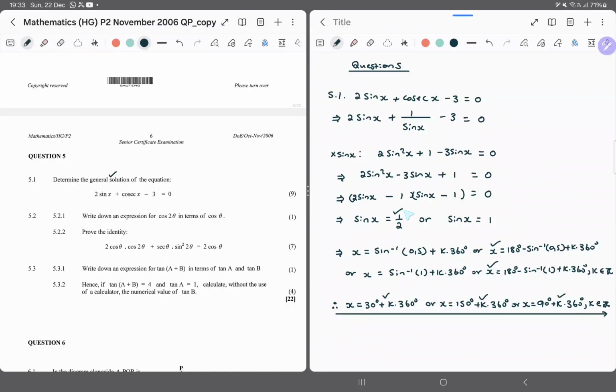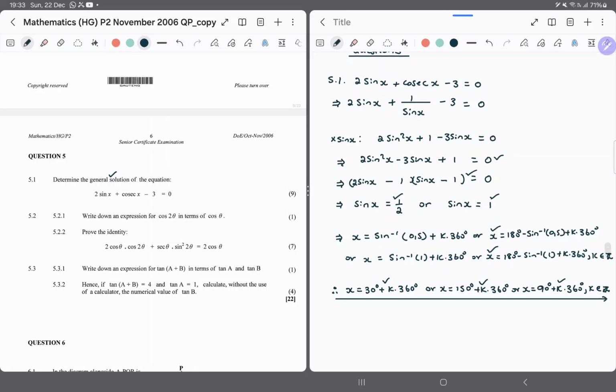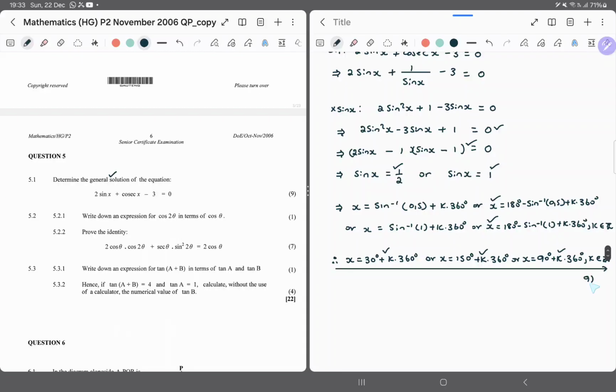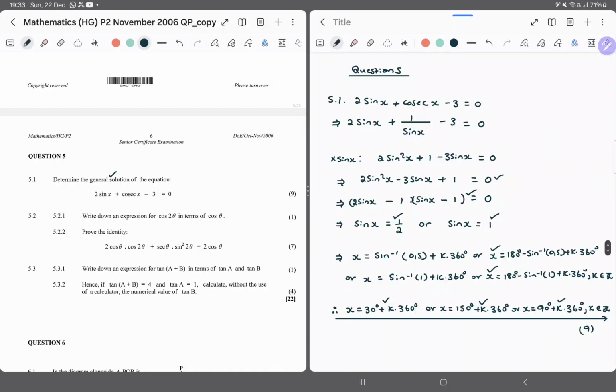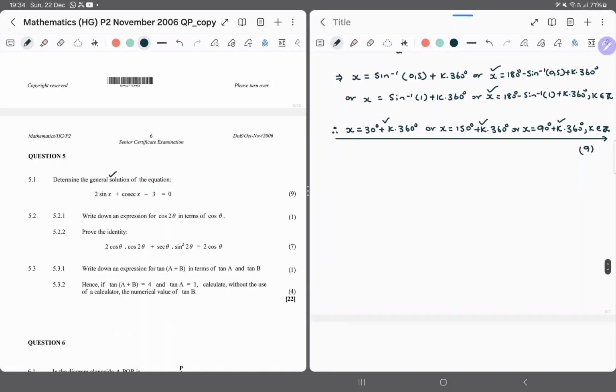And perhaps these solutions, 1, 2, 3, 4, 5, 6, 7. Now, factorization is a mark in maths, and writing in standard form is another mark in algebra. So this is how I believe these 9 marks are scored. So this was 5.1. Okay, good.